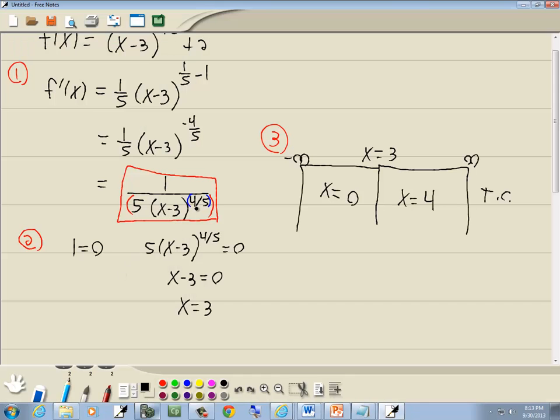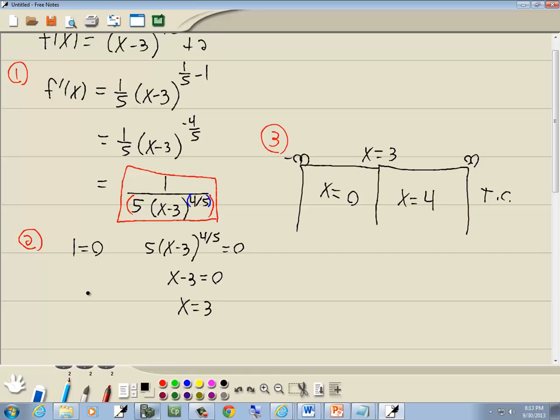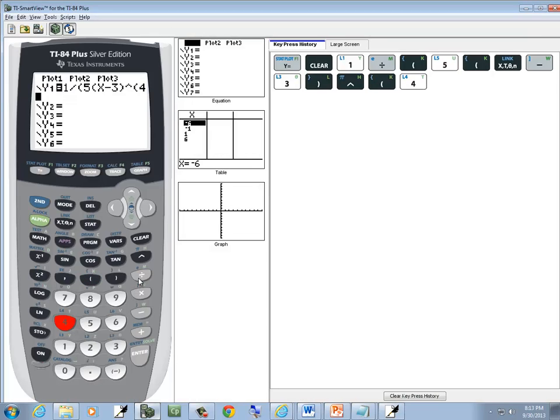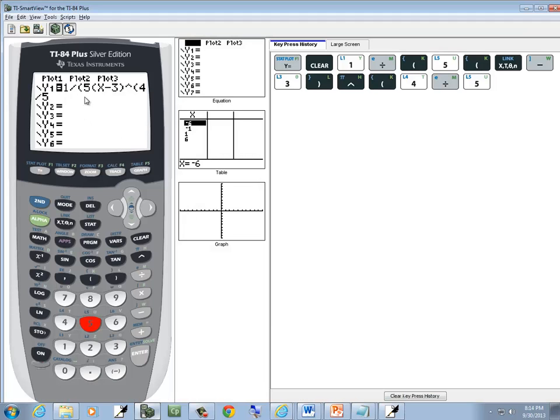Now we want an exponent, so we'll do a caret, and I'll do a beginning parenthesis, 4 divided by 5. You don't have to have the closing parentheses at the very end. If you want to put them, that's fine, but if they're at the very end, you can drop all of them for TI-83, TI-84.